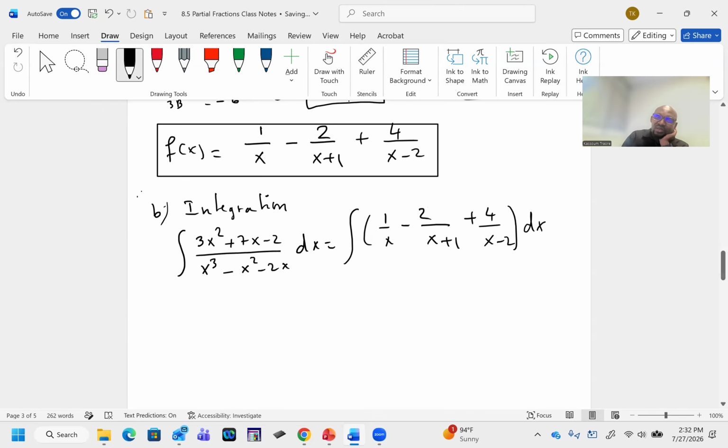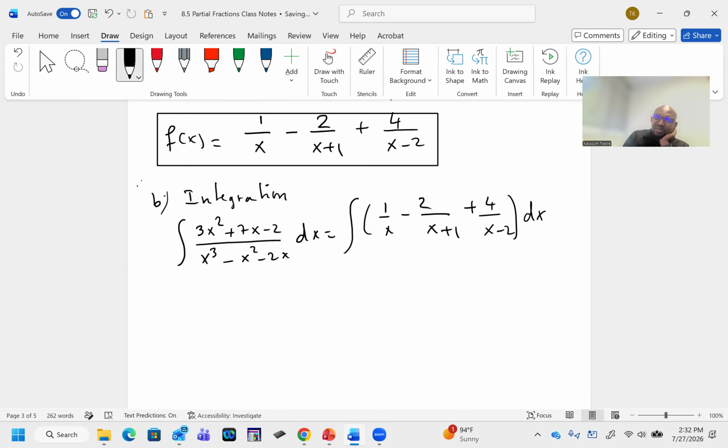And then we know the antiderivative of each of these terms is what? ln. So I will have ln of absolute value of x minus 2 ln of absolute value of x plus 1 plus 4 ln of absolute value of x minus 2 plus c.